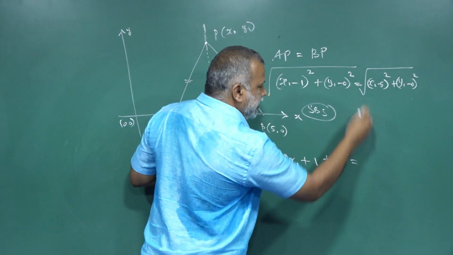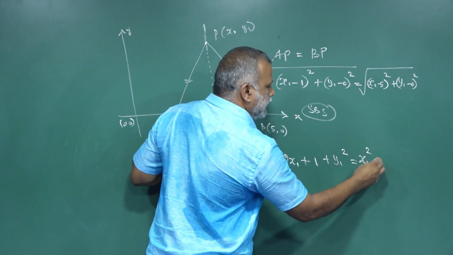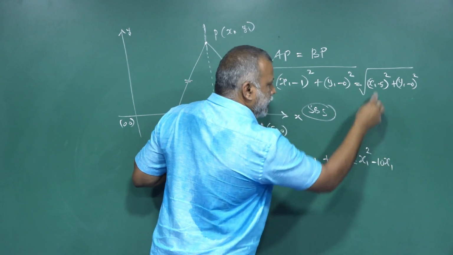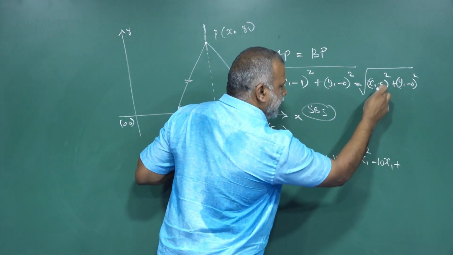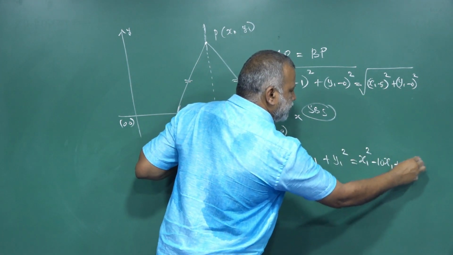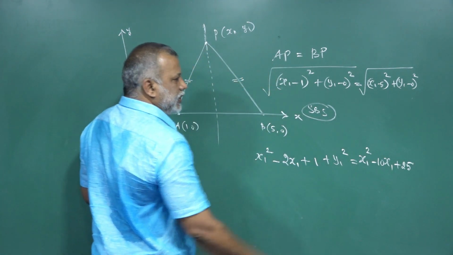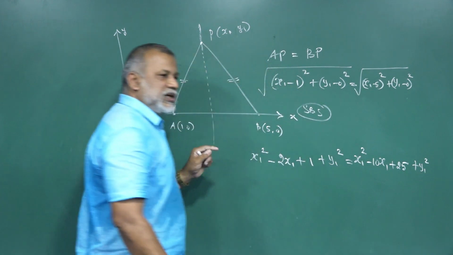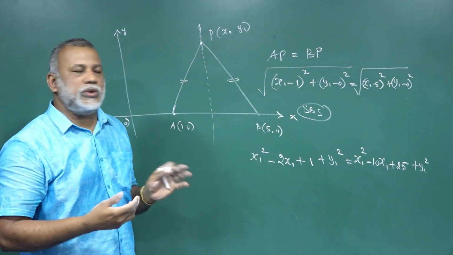In your RHS, again x1 squared minus 10x1 plus 25, and one more y1 squared.